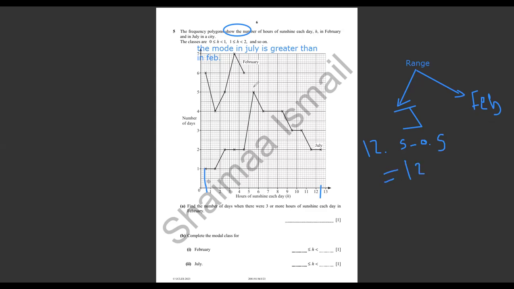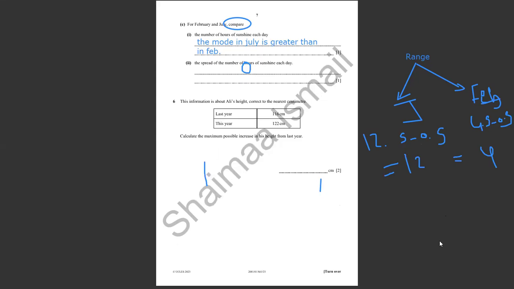And here in February, it is 4.5 minus 0.5. The greatest is 4.5, the least is 0.5, which equals 4. It is clear that the range of February, the spread, is lower than in July.